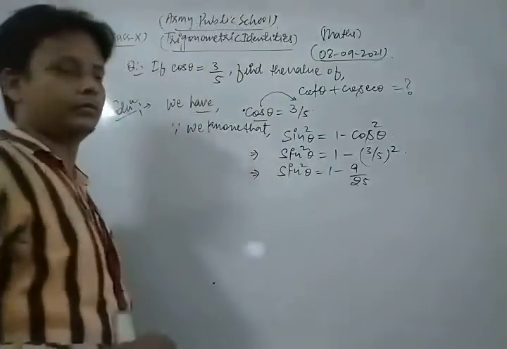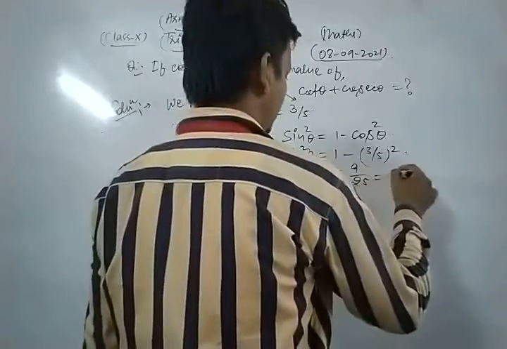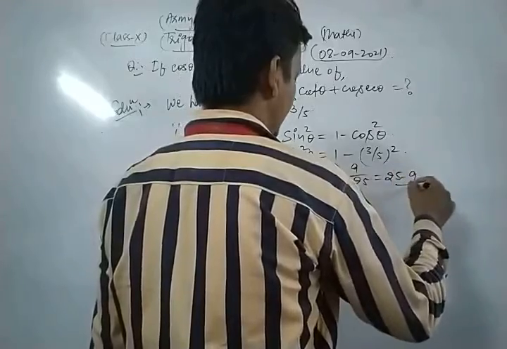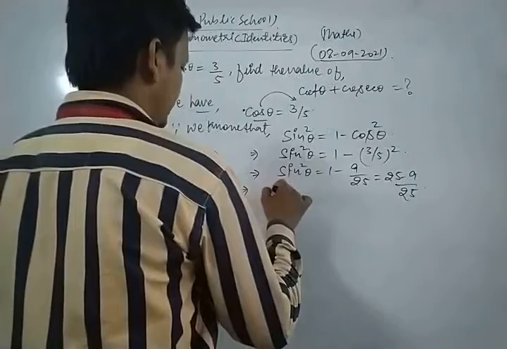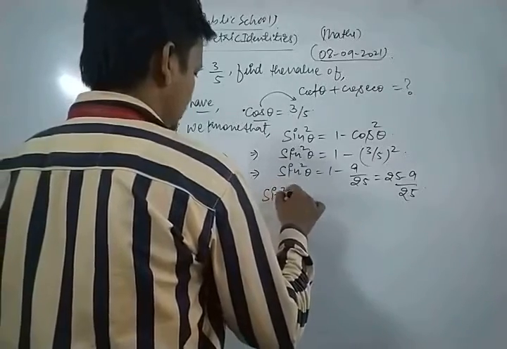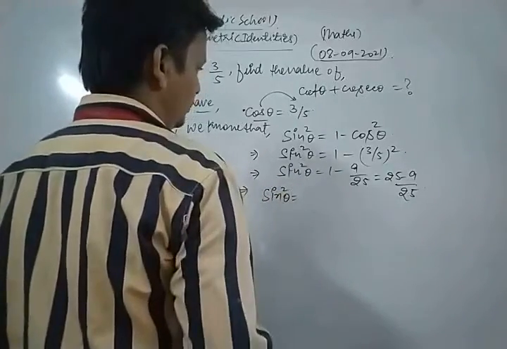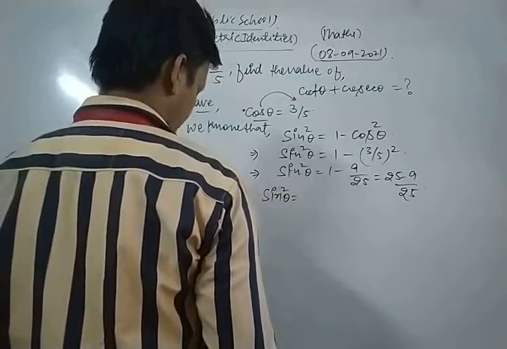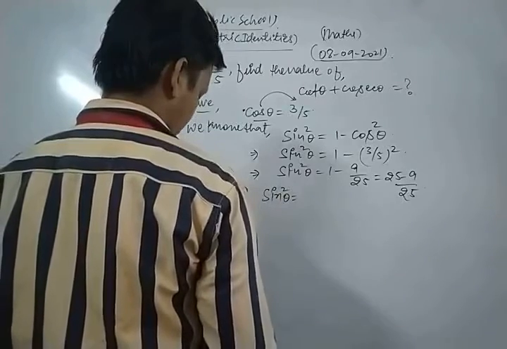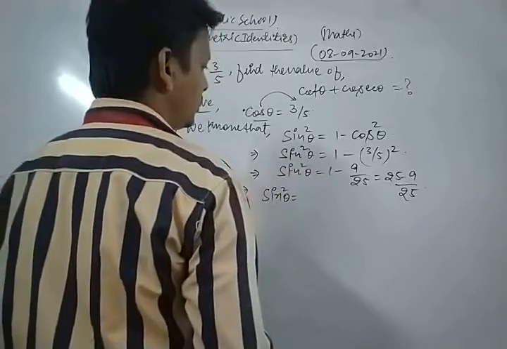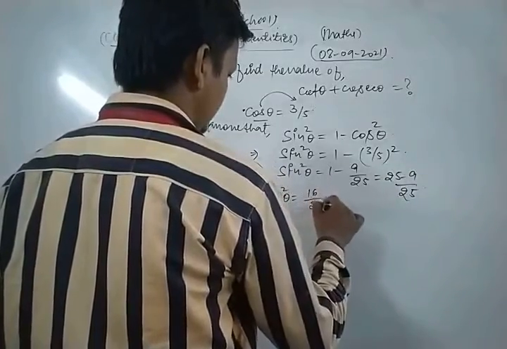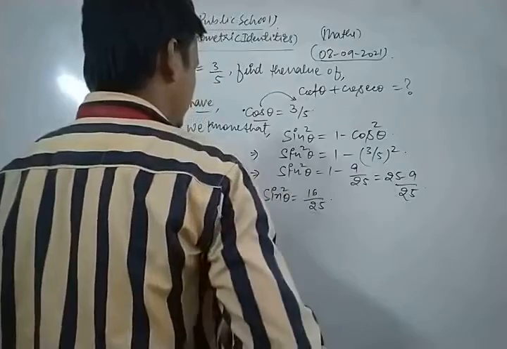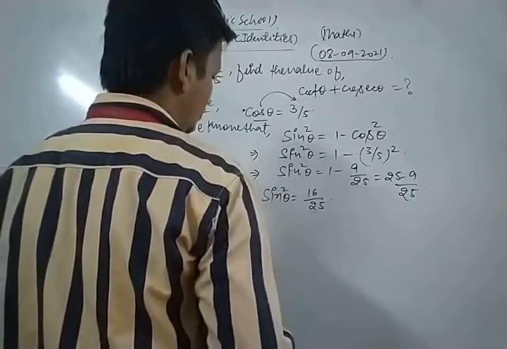This is 25 minus 9 upon 25, so sine square theta is equal to 25 minus 9, that is 16 upon 25.